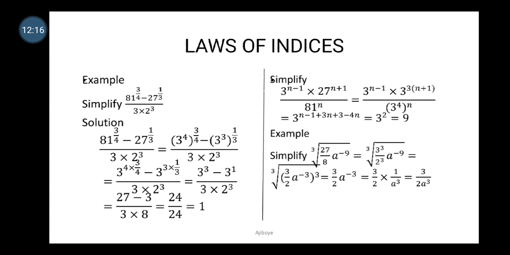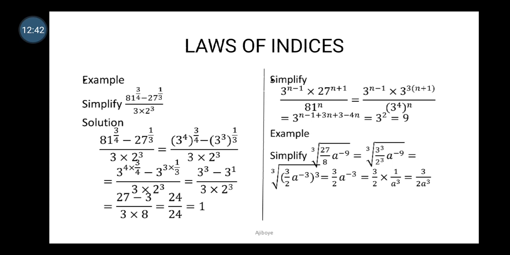Simplify the cube root of 27 over 8, a raised to the power minus 9. 27 is 3 raised to the power 3. 8 is 2 raised to the power 3. And a raised to the power minus 9. I can bring the power 3 all out, similar to applying law 7.